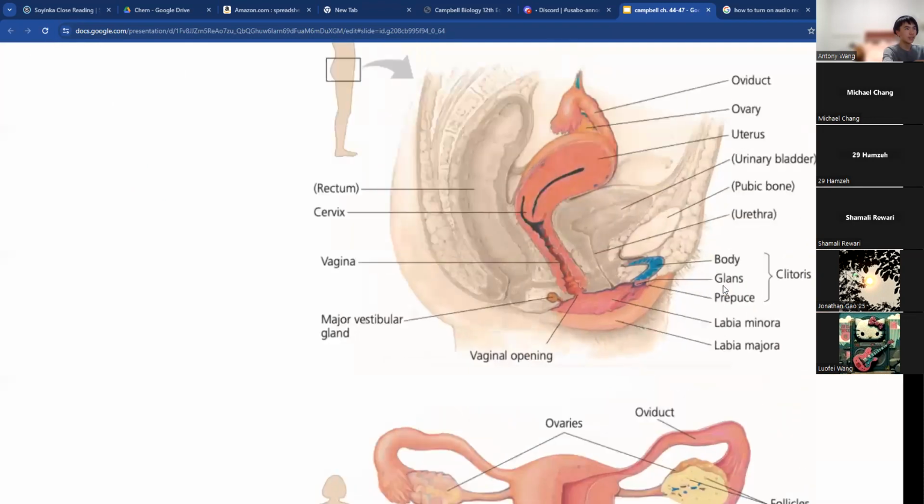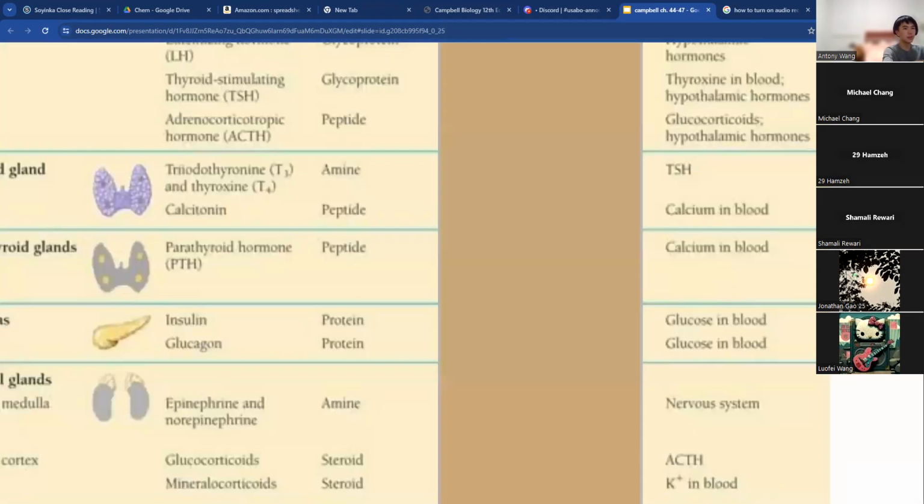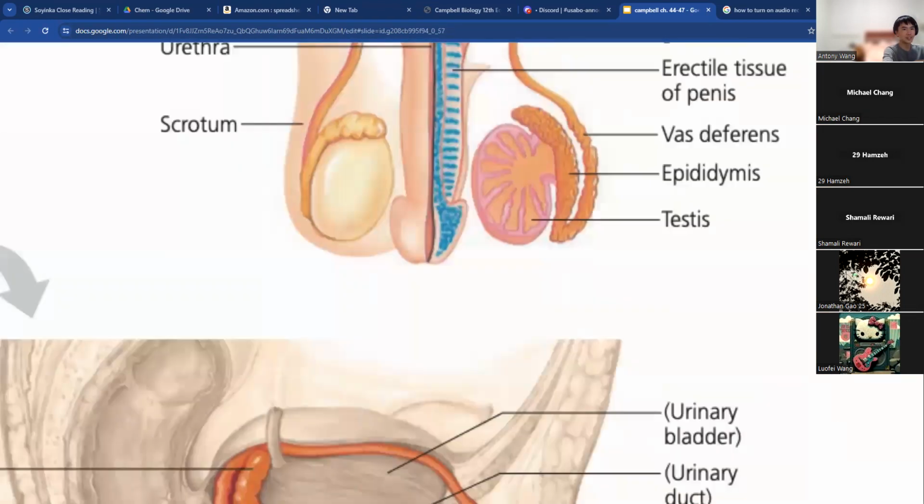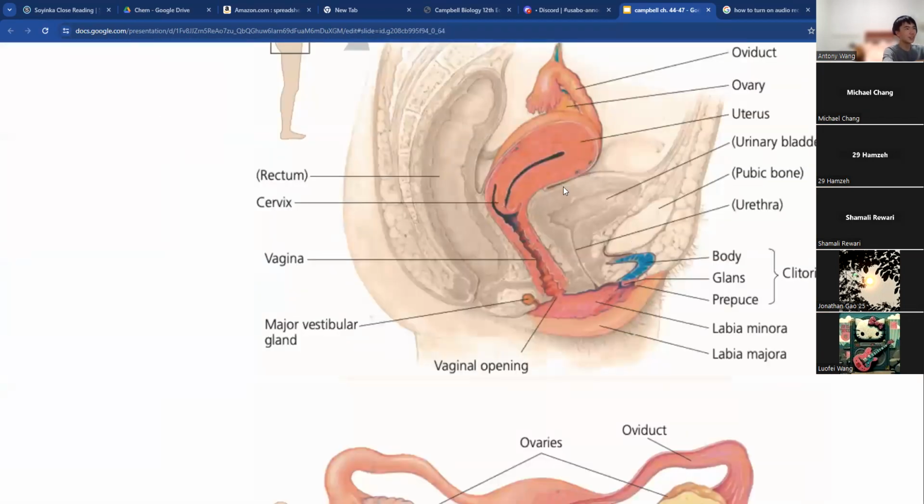Here, I guess I can zoom. Do you guys see the zoom in? Start from the bottom. You have the labia minora and majora, which are the two folds or flaps.